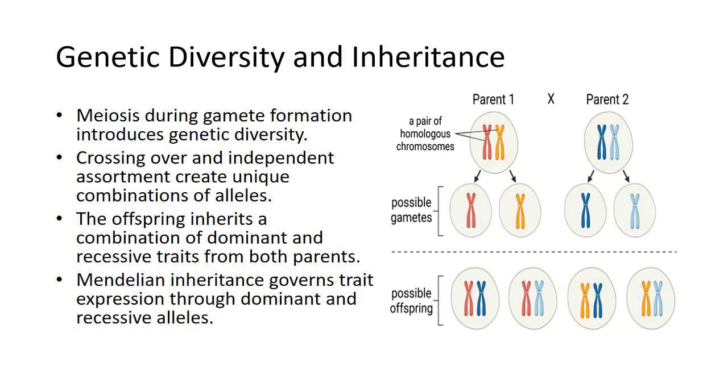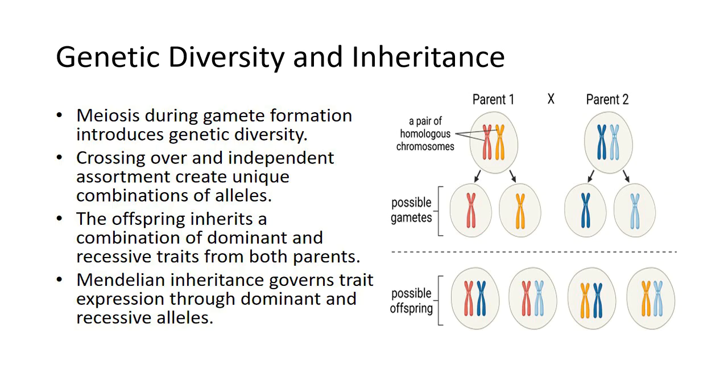Fifth, inheritance patterns. The zygote inherits half of its genetic material from the father via the sperm and half from the mother via the egg. This means that the offspring is genetically distinct from both parents, but still retains traits passed down through dominant and recessive alleles.